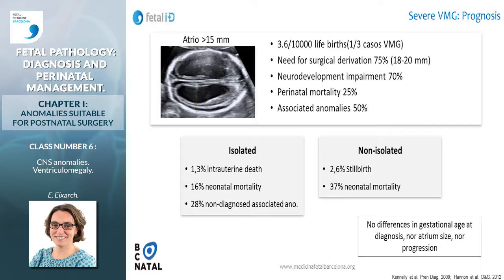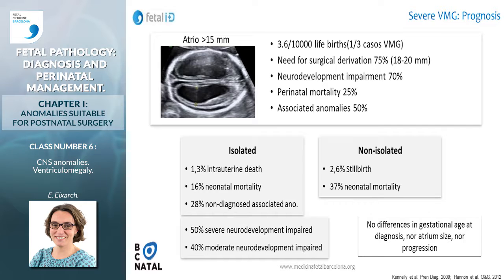There are no differences regarding gestational age, size at the diagnosis or progression in utero. It is a severe ventriculomegaly and this will give us the prognosis. But in isolated ventriculomegaly, the rate of severe neurodevelopmental impairment will reach 50% and moderate neurodevelopmental impairment 40% of cases.